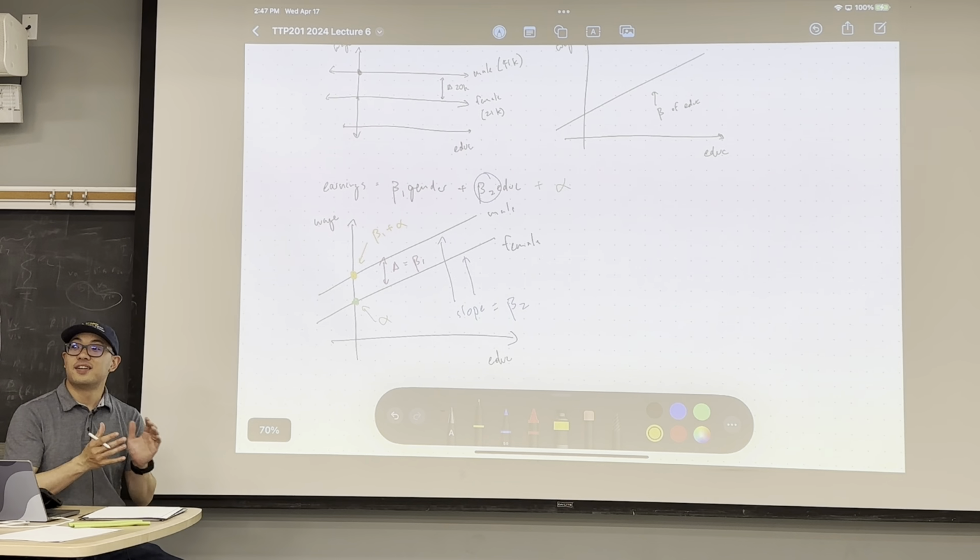Okay, so it's going to be a little bit tricky to interpret correctly. It takes a little bit of practice, especially if you're seeing this for the first time, but really make sure that you can nail down this understanding, okay?